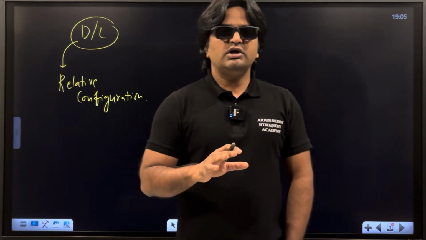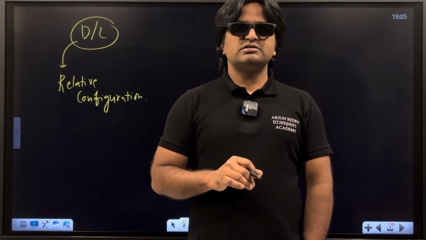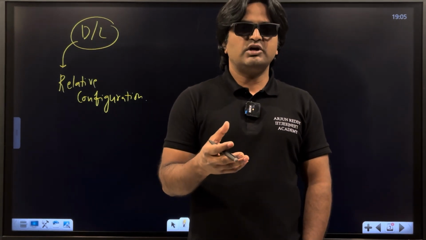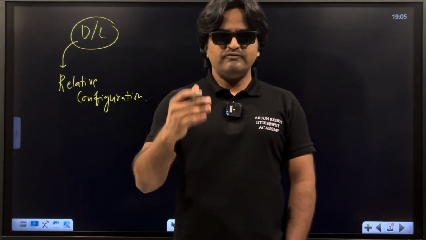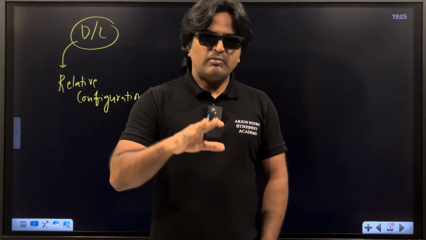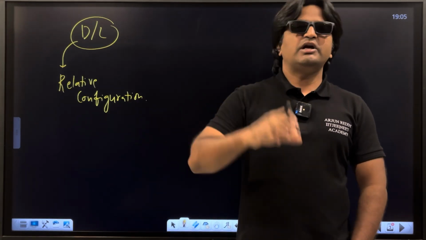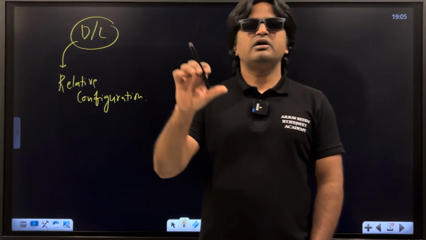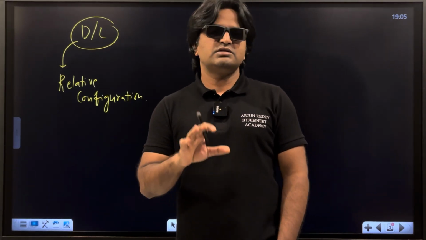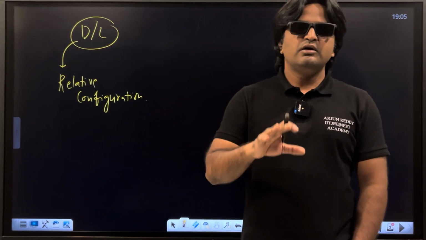Already we know the different types of molecular representations, or molecular projections, like wedge projections, Newman, sawhorse, zigzag, Fisher. From all these five types, DL configuration we particularly apply on Fisher projections, because DL configuration was proposed by Fisher.